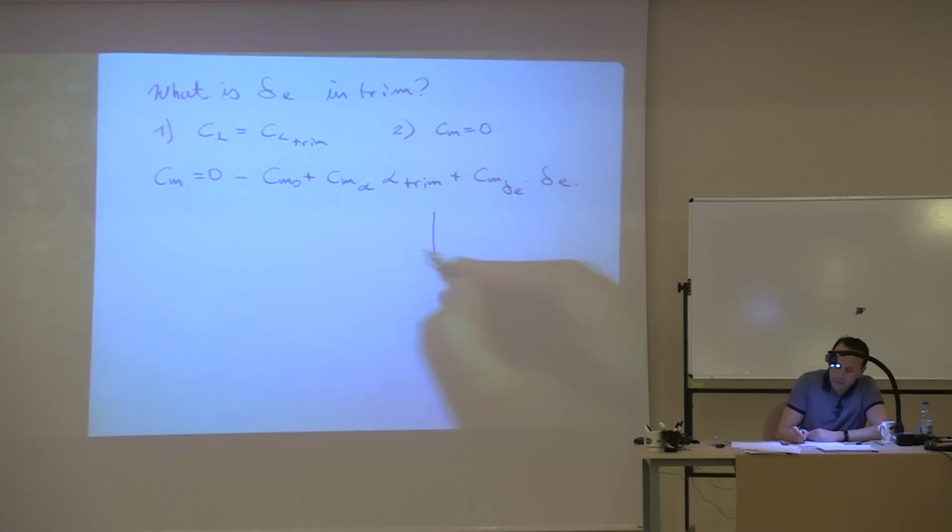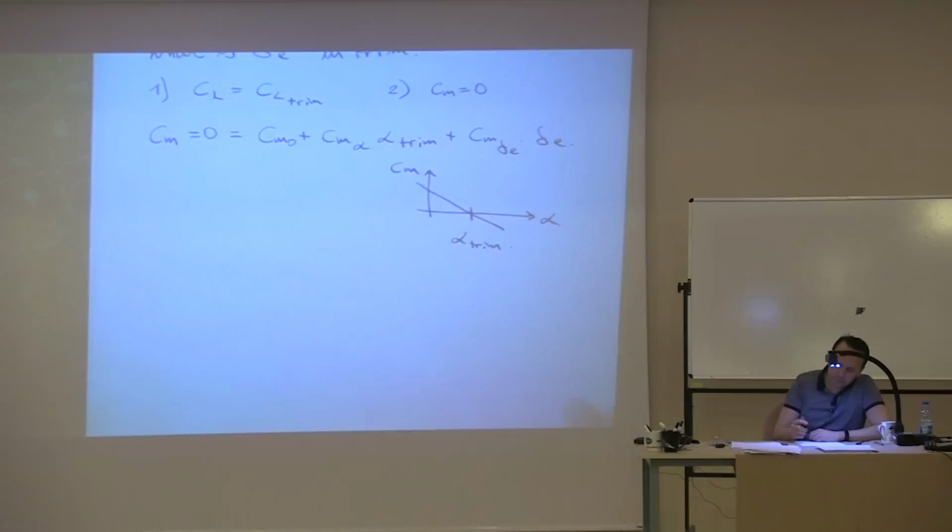I mean, we always keep plotting this. Let's see, Cm is this and alpha is this, right? And I keep doing this. This is alpha trim. And I told you this alpha trim must do two things. First of all, it must generate Cm equals 0, but it should also be enough to fly.